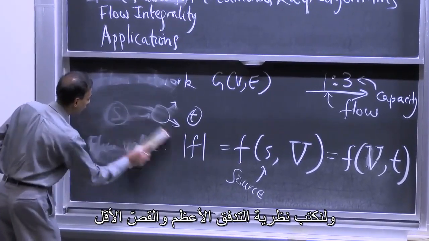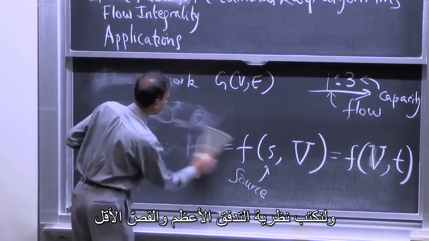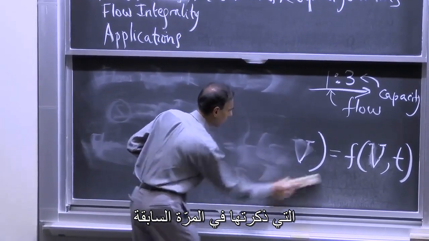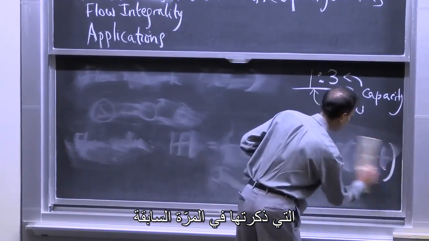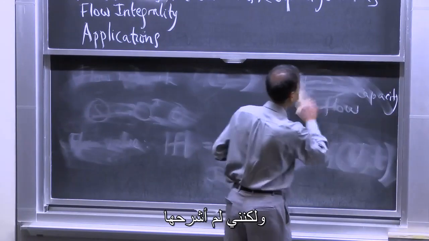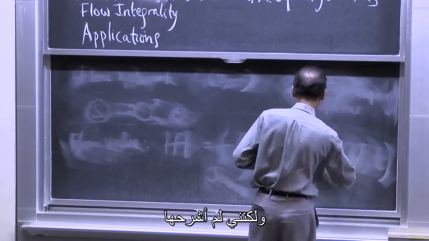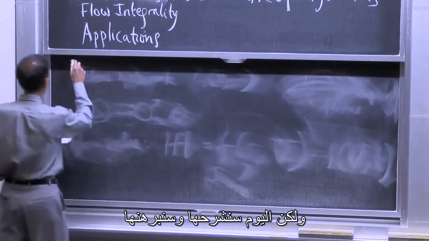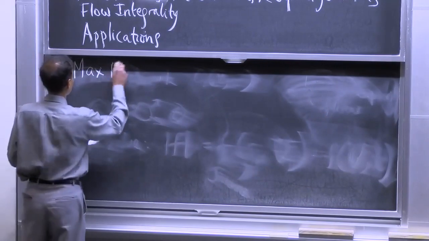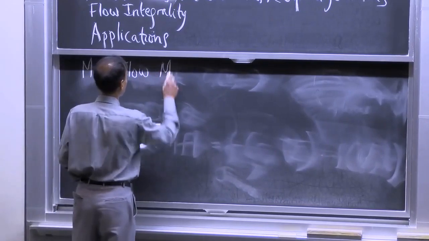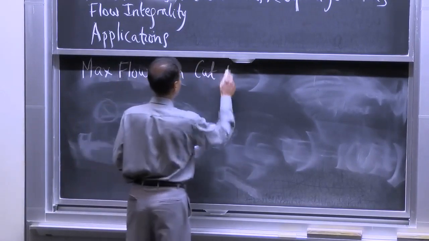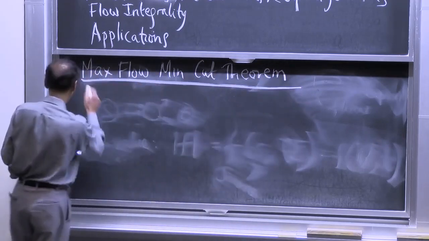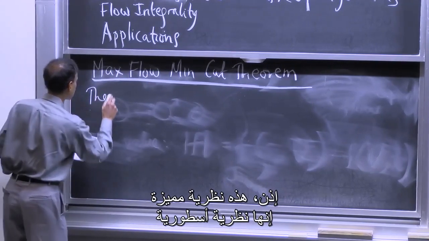And let's write out the max flow min cut theorem, which I mentioned last time, but never really got to even stating. But today we're going to state it and prove it. So this is an interesting theorem.